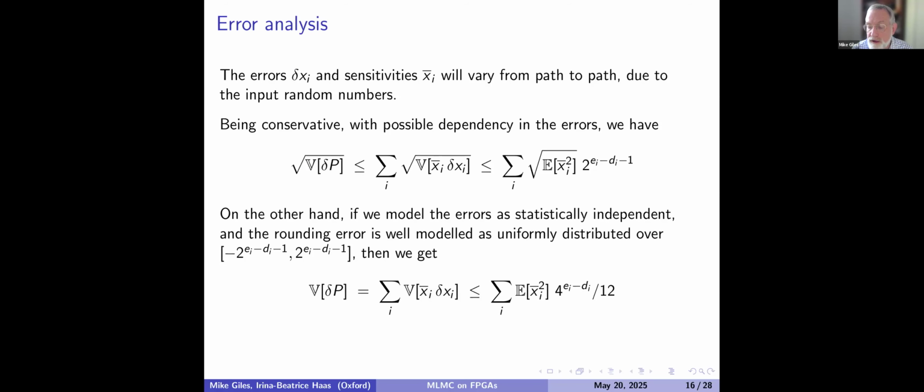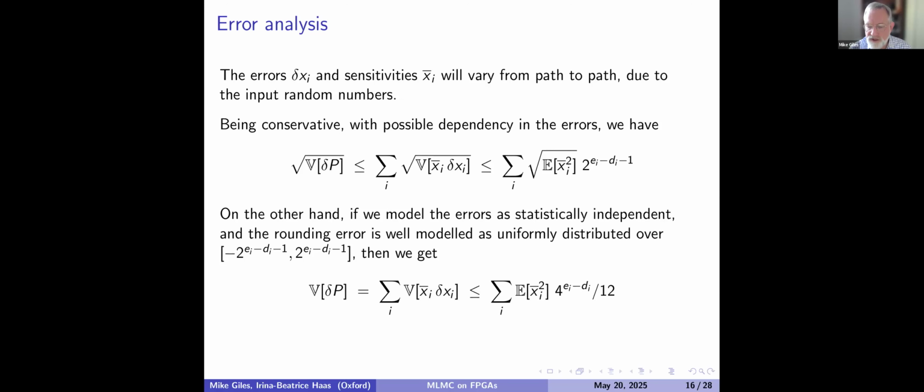Now, from path to path, those sensitivities will vary and the errors will vary, because of all the random inputs, the paths are all completely different to each other. We get contributions from each operation in the path calculation. If we want to be conservative, what we can say is that the root mean square error in the output is the sum of the root mean square errors occurred as a result of each one of the rounding errors.